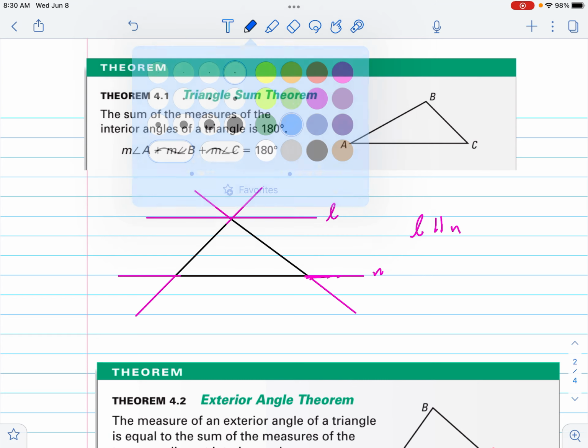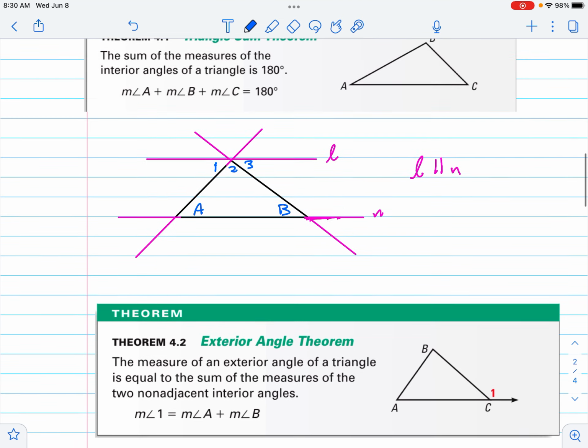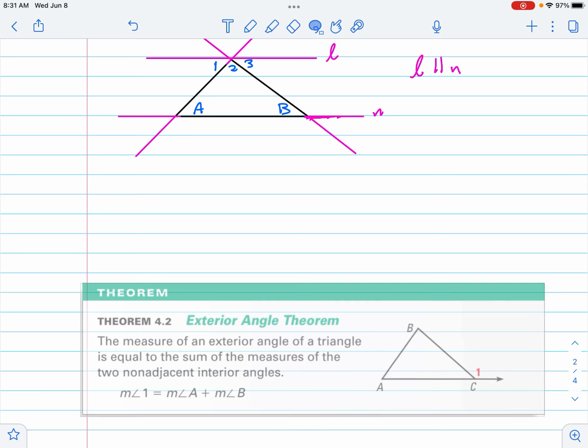I'm going to label this angle 1, this angle 2, and this angle 3. And I'll label this angle here A, and I'll label this angle B. Now, I haven't done anything wrong. I've just done some labeling. So nothing fancy.